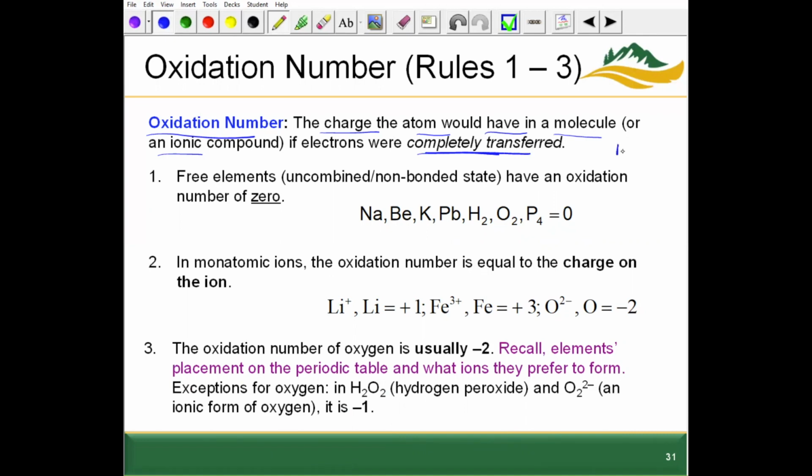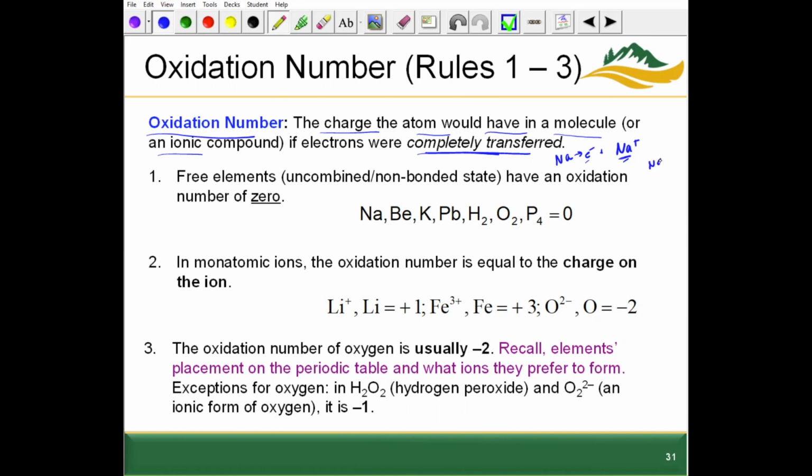We know, for example, that Na cation, if we had neutral sodium to start with and it became a cation, it must have released 1 electron to form Na+. This is the idea of an electron being transferred.